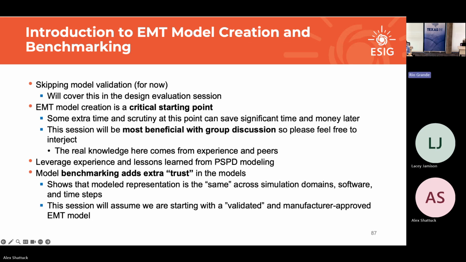Because if you're not benchmarking the models together, then you could be studying something in the EMT that's highly tuned and something completely different in the PSPD because it's a different model not benchmarked against each other. There's probably no perfect benchmark out there, even the best vendors. But a big piece of benchmarking is knowing what is wrong and quantifying what's wrong. So you know what you're getting into when you go forward.